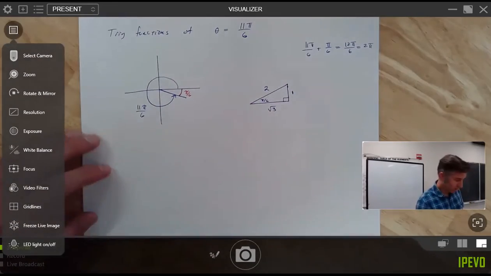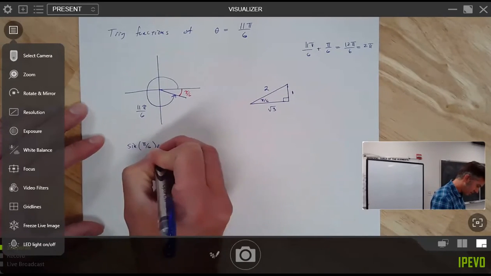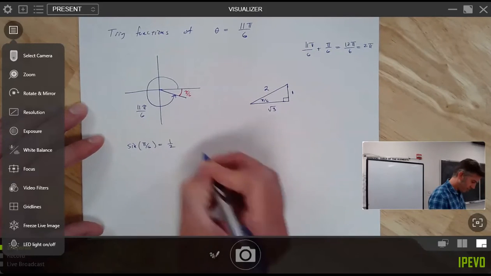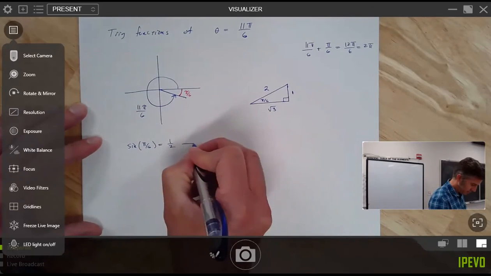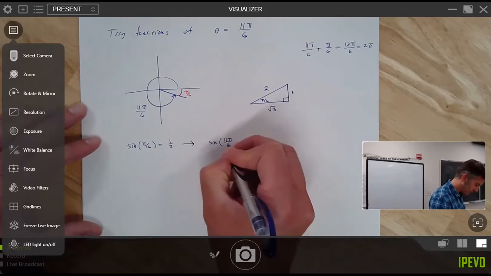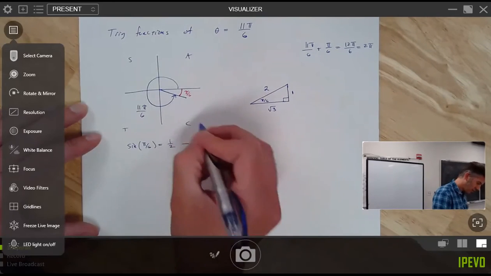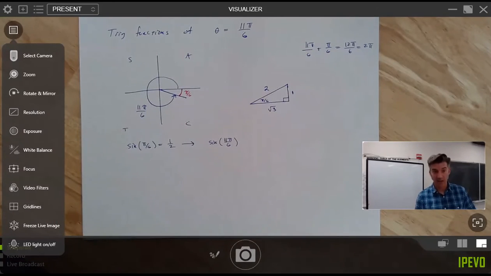And I know that sine of pi over 6 is equal to 1/2. So what that tells me is that sine of 11 pi over 6, let's see, I'm in quadrant 4 where cosine is positive. That means sine has to be negative.